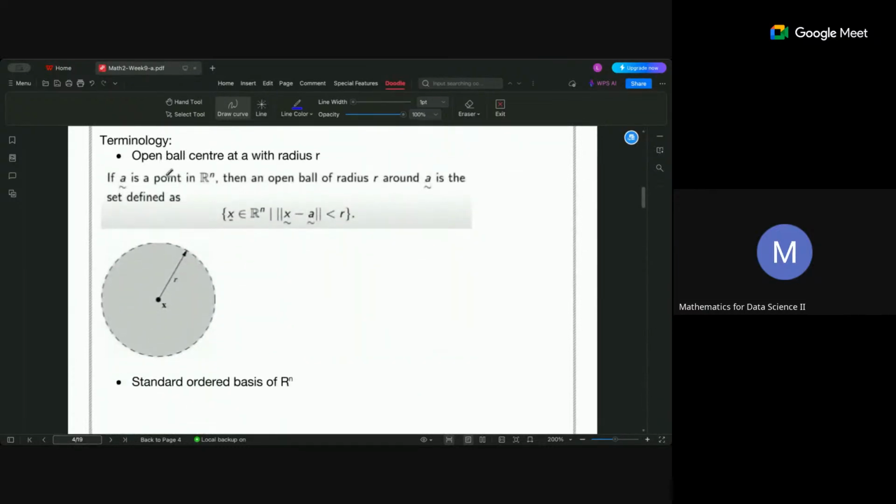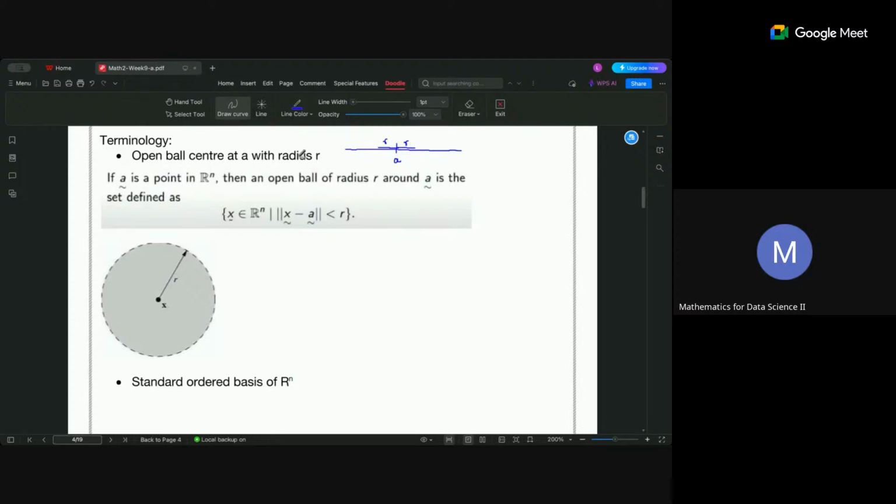Okay, some more terminologies which we will be using frequently. What is an open ball? Open ball, center at A with radius R. First, let us see what this is in R. Let us consider the real line and take a point A. Let us take radius R, so you take a distance of R on either side.